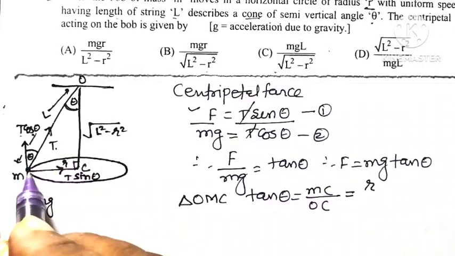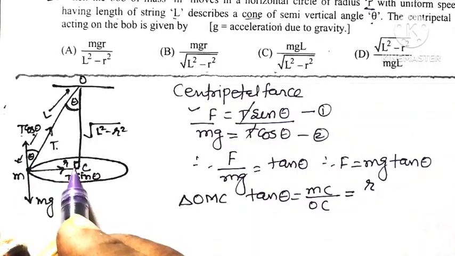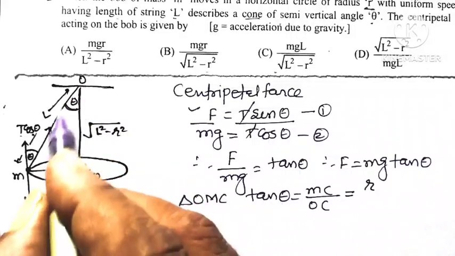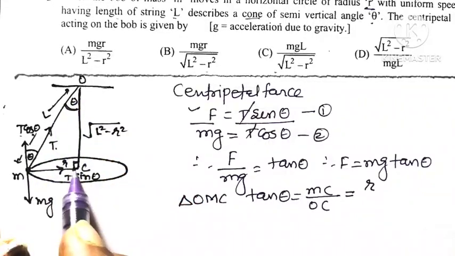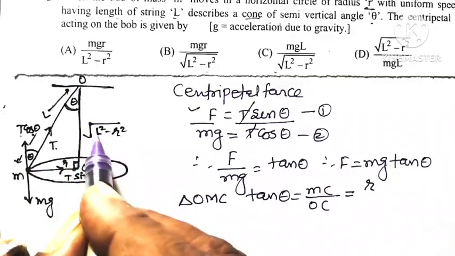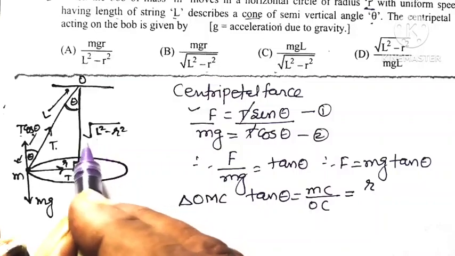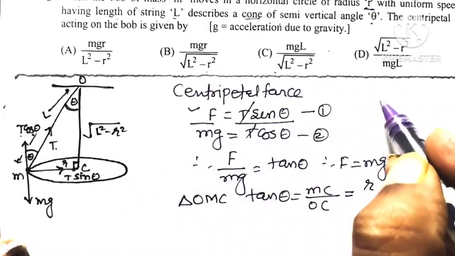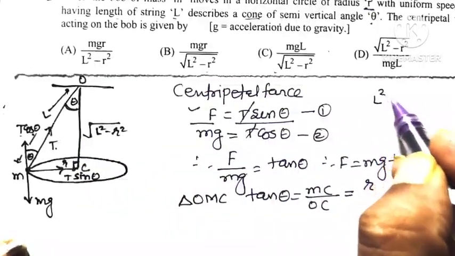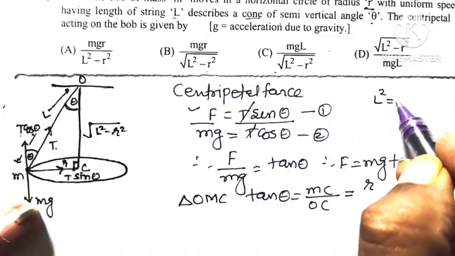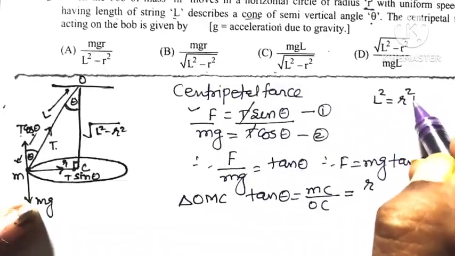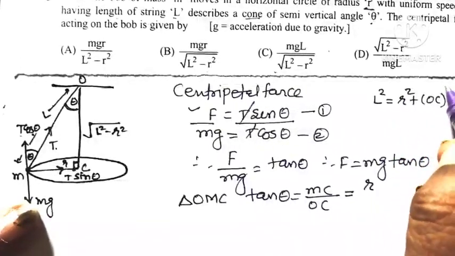See here, this is a right angle triangle, and in the right angle triangle, the hypotenuse is L, the base is R. It means this side is under root of L square minus R square. How is this side L square minus R square? Look at this. Hypotenuse square L square is equal to base square R square plus height square OC square.